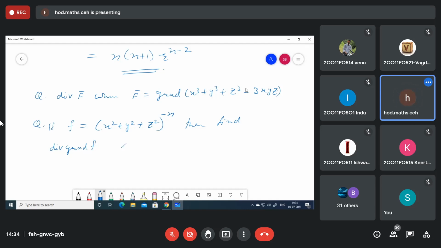Find it and determine n if divergence of gradient of f is equal to 0. Solve it. If f is x square plus y square plus z square whole to the power minus n, then find divergence of gradient of f and determine n if divergence of gradient of f is 0.